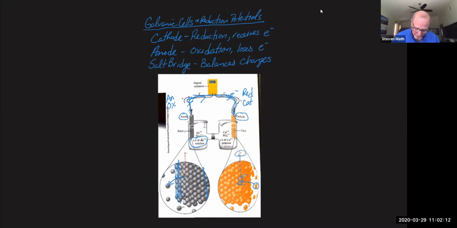You had an electron there that attracted the positive, and now you went from copper 2 plus to copper. In the process, up top, we have a voltmeter, which is going to measure the electrical potential of those electrons going through this circuit. This is an electrical circuit.